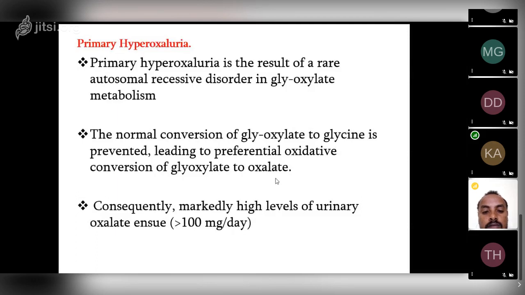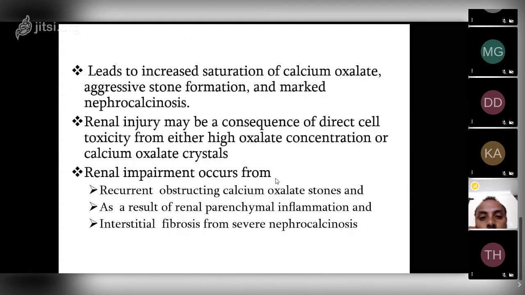So this increases the level of oxalate. Consequently, a markedly high level of urinary oxalate, greater than 100 milligrams per day, will occur in this primary hyperoxaluria, and leads to increased saturation of calcium oxalate, aggressive stone formation, and marked nephrocalcinosis.